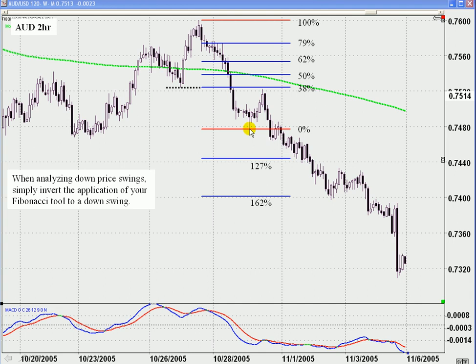Now, once this low has been formed, then what we do is we'll pull our Fibonacci's from this high down to this low, establish our retracement levels, and here we see that the 38% retracement combines with the previous level of support. As well, this 38% retracement is also a central pivot point, and this is our 10-day moving average, which also is offering resistance to the market overall.